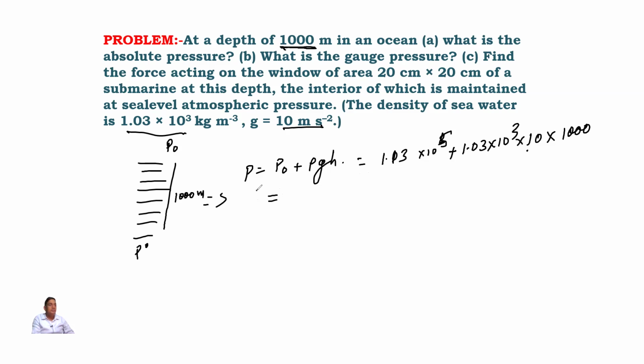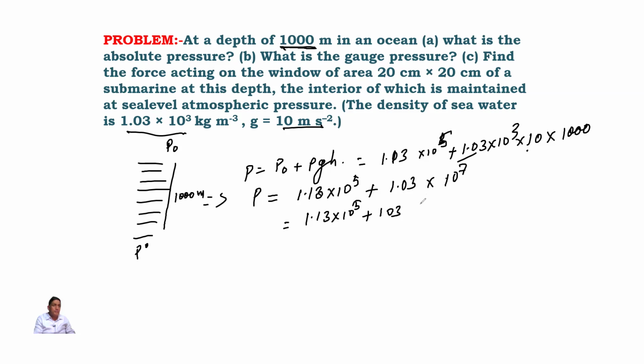So the final pressure will be 1.13 × 10⁵ plus 1.03 × 10³ × 10 × 1000, which gives 1.03 × 10⁷.